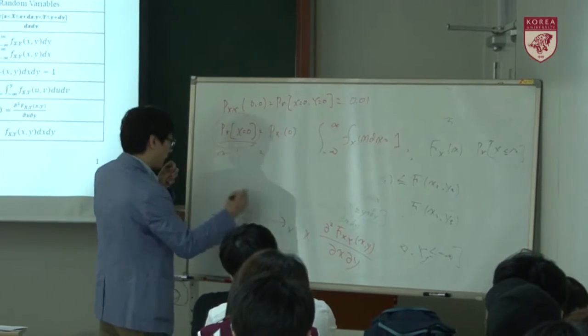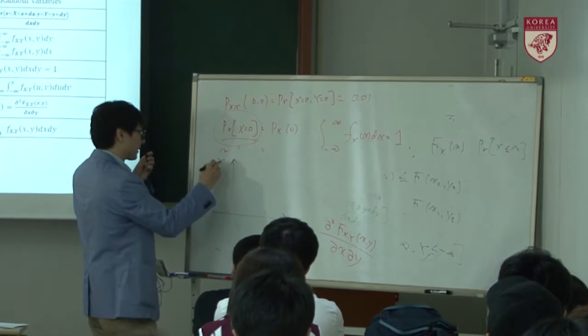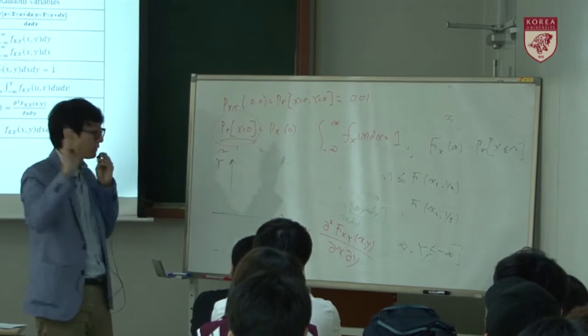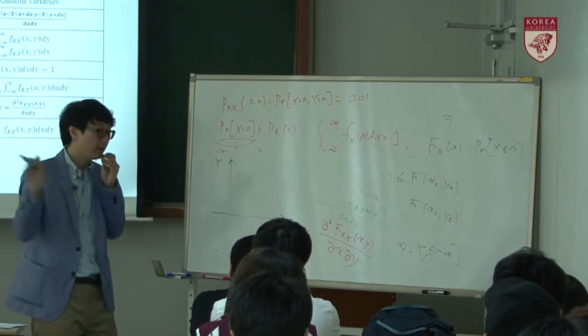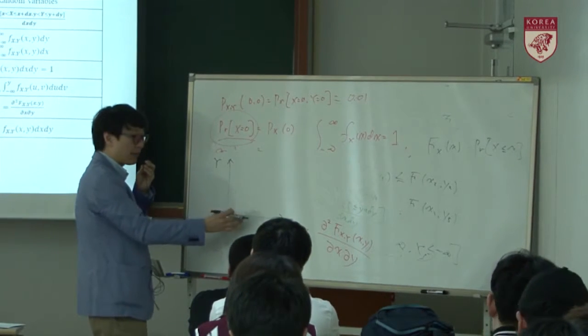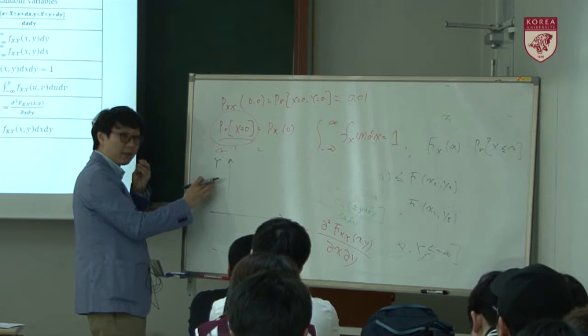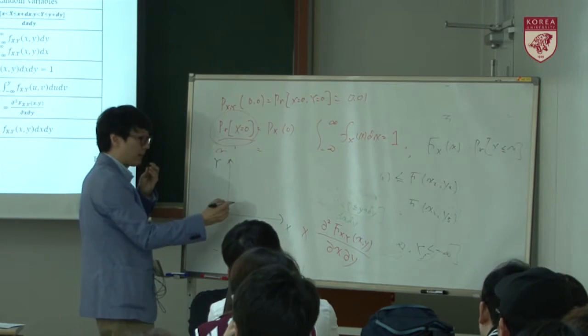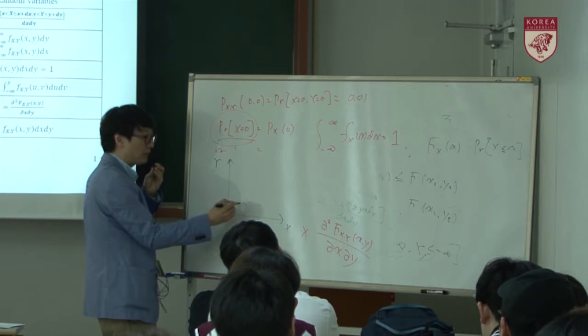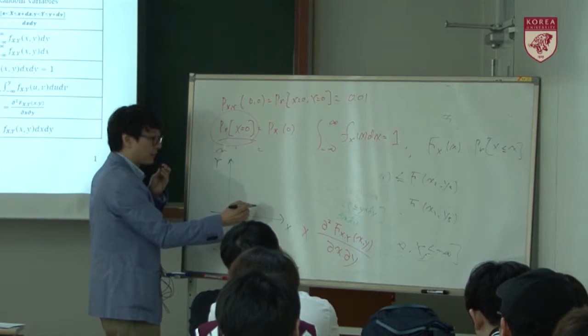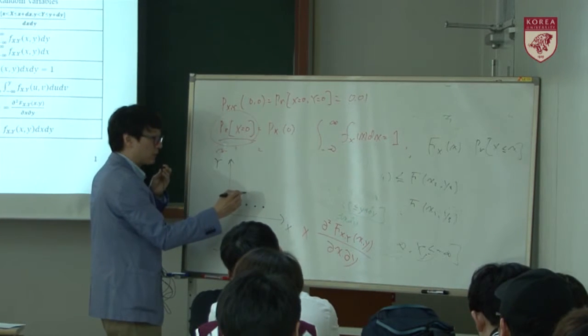In the x and y case, because in the discrete random variable case, x is discrete and y is discrete, the sample space is given in this way.